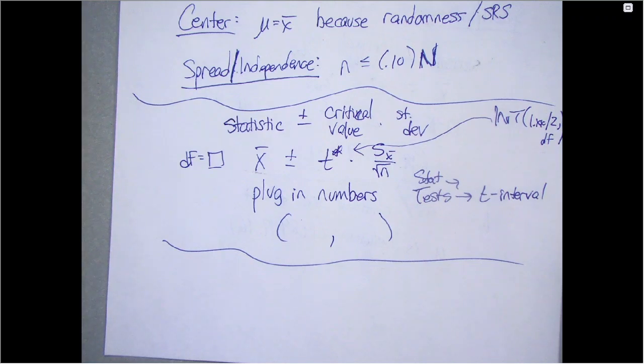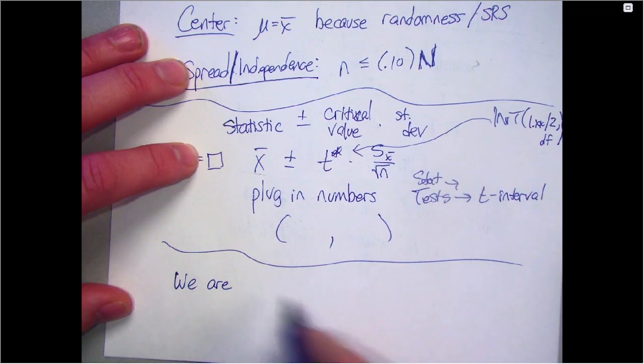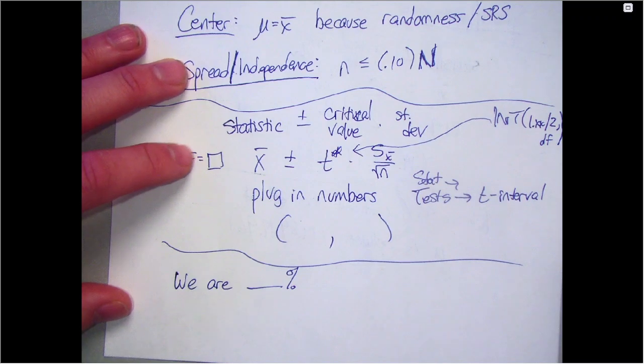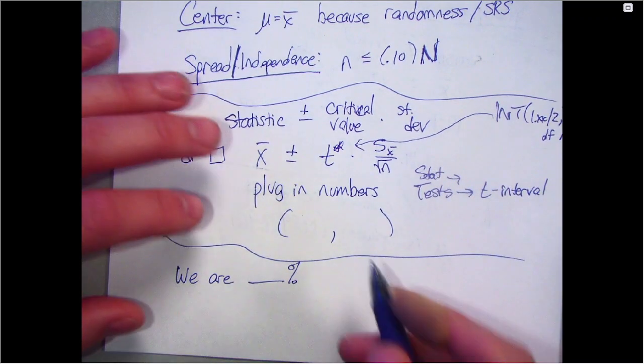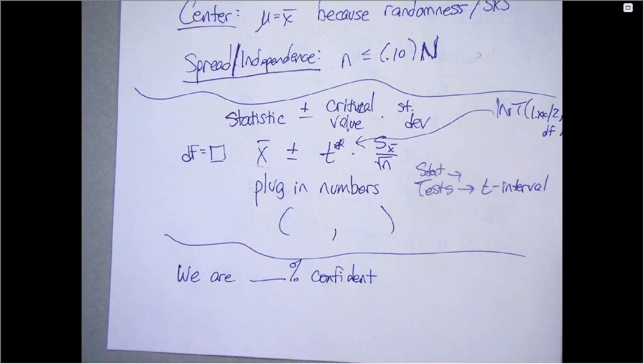How do I start the conclusion? We are whatever percent confident, so whatever they gave us. So you could say that the true population mean is between whatever and whatever. That's some additional context, which is definitely not bad.